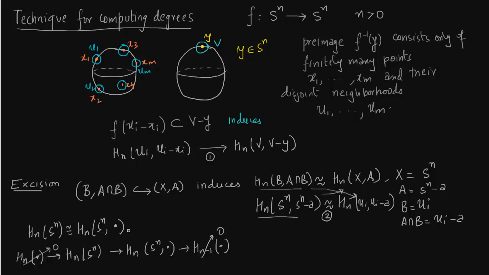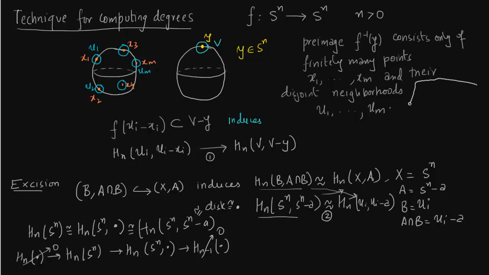Now this is equivalent to Hn of Sn comma a disk. You take a point out of the sphere, what you get is a disk, and this disk is contractible to a point. Take a point out of the sphere S2, you get D2. Take a point out of the n-sphere, you get a disk.